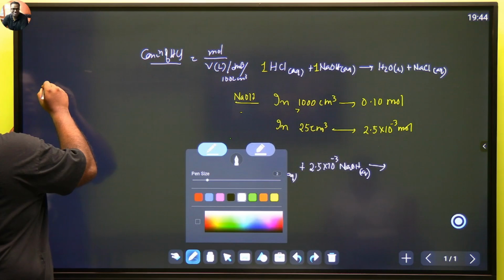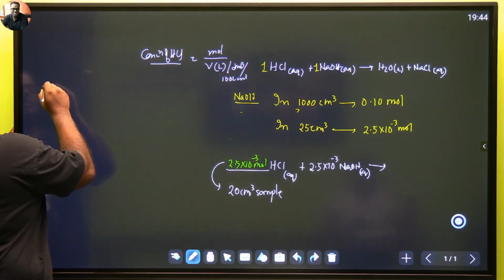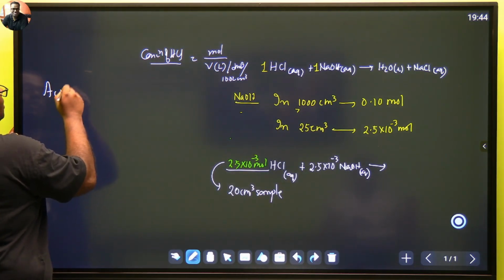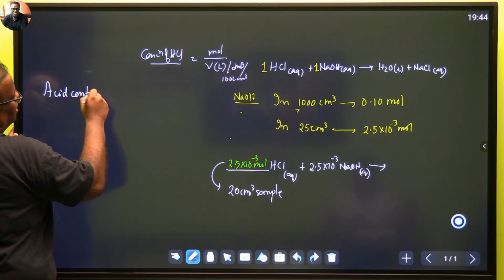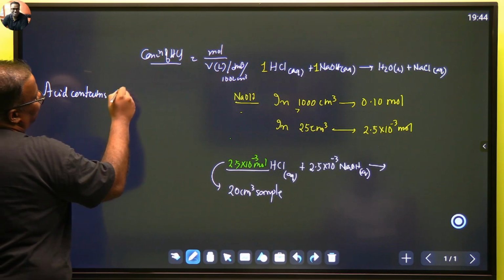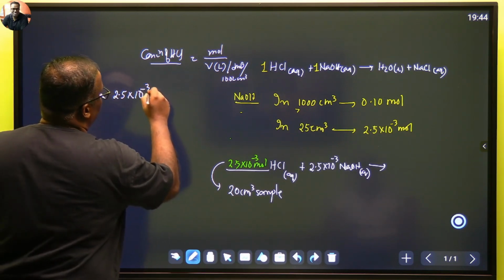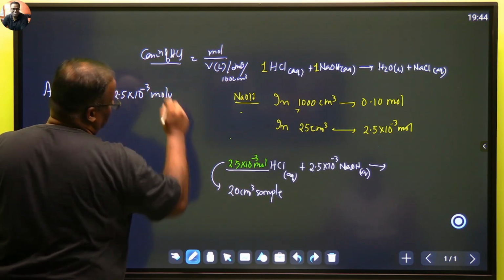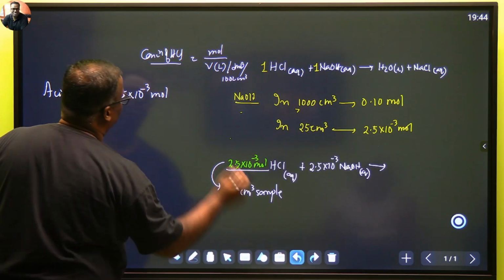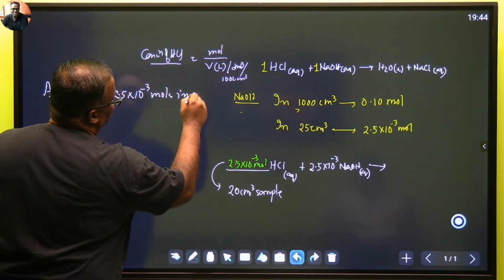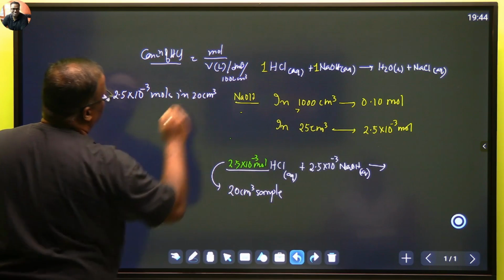Okay. Now, the acid contains 2.5 into 10 to the power minus 3 moles in 20 centimeter cube.